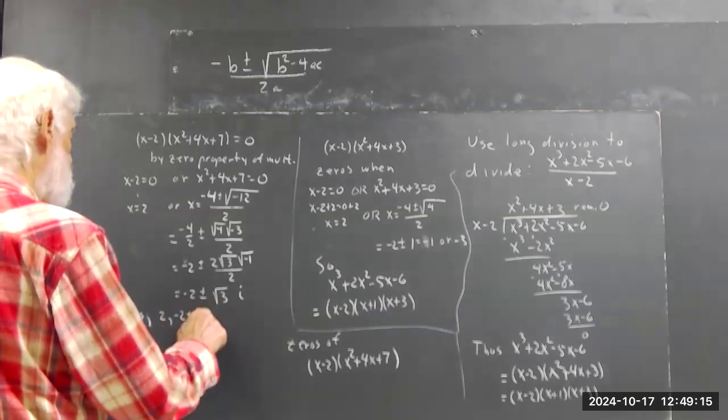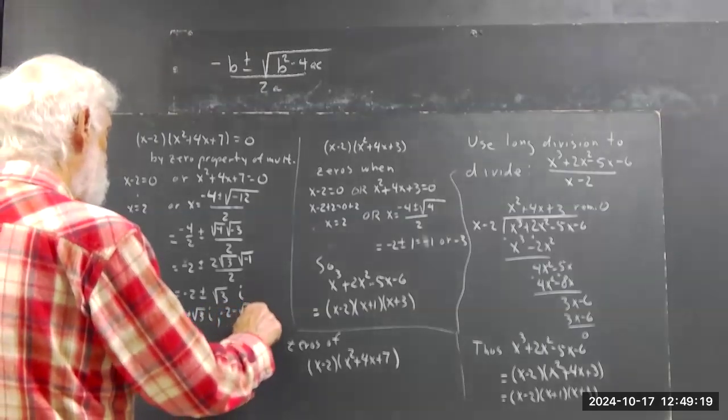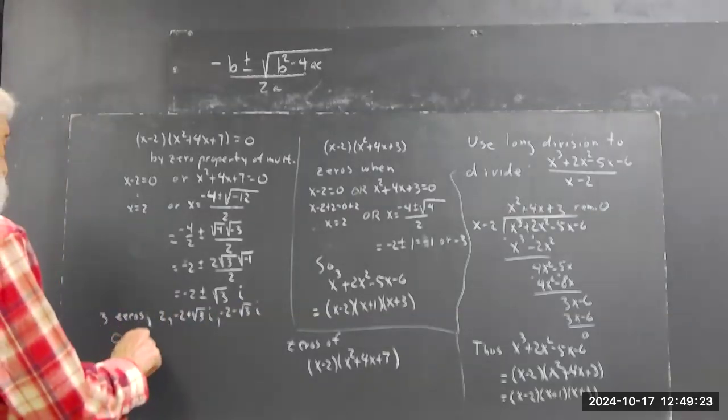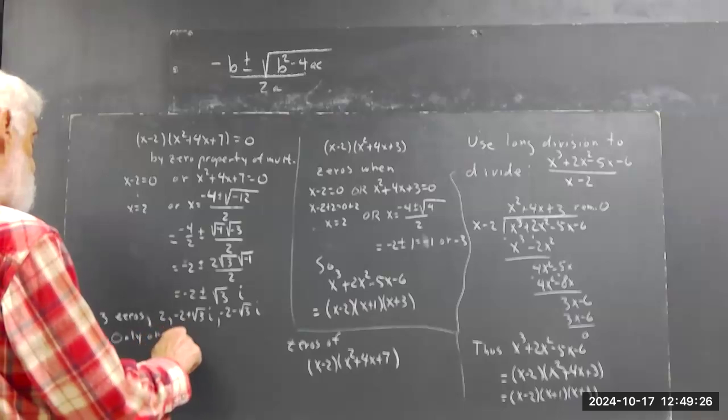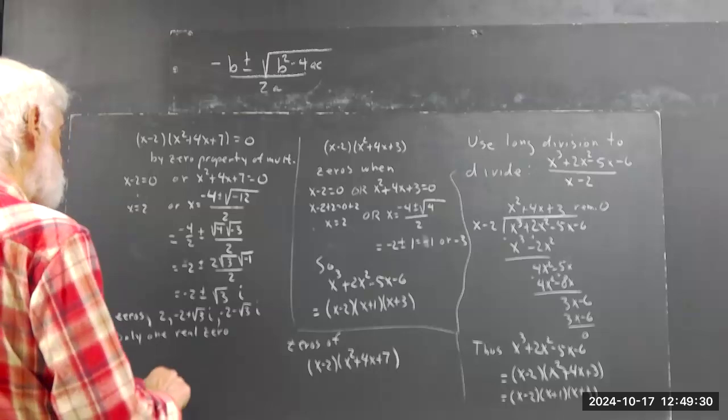-2 plus the square root of 3 times i, -2 minus the square root of 3 times i. There's only one real zero.